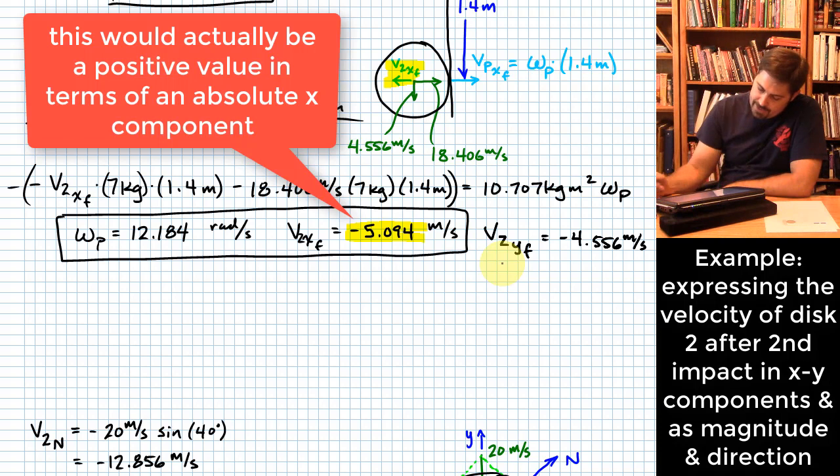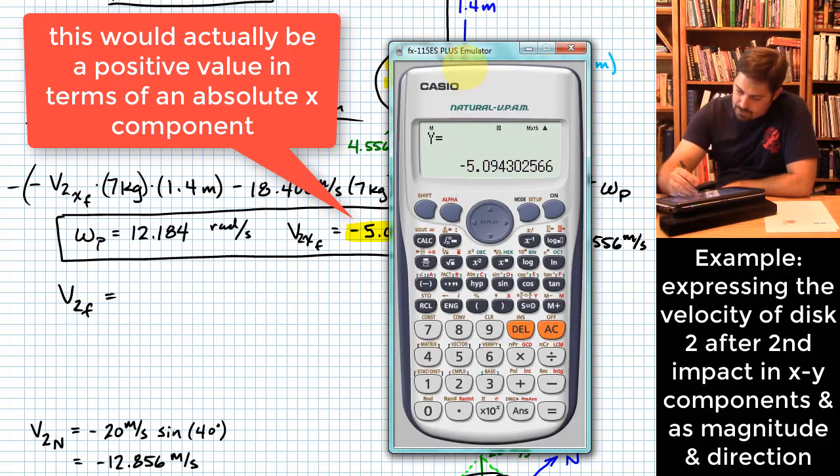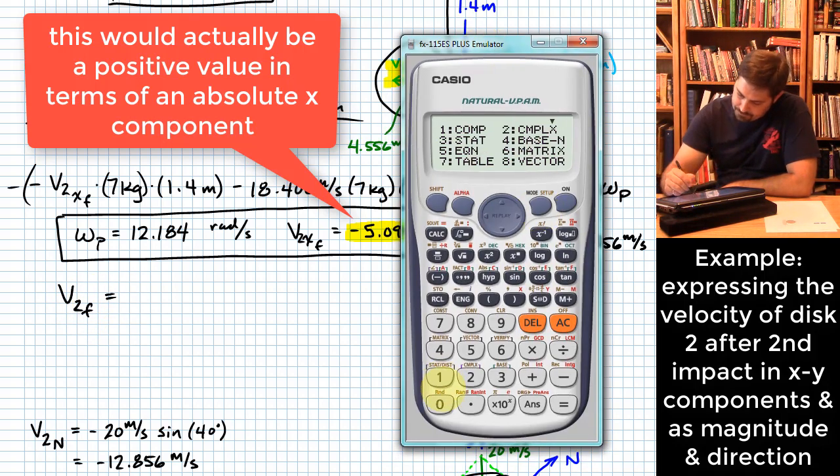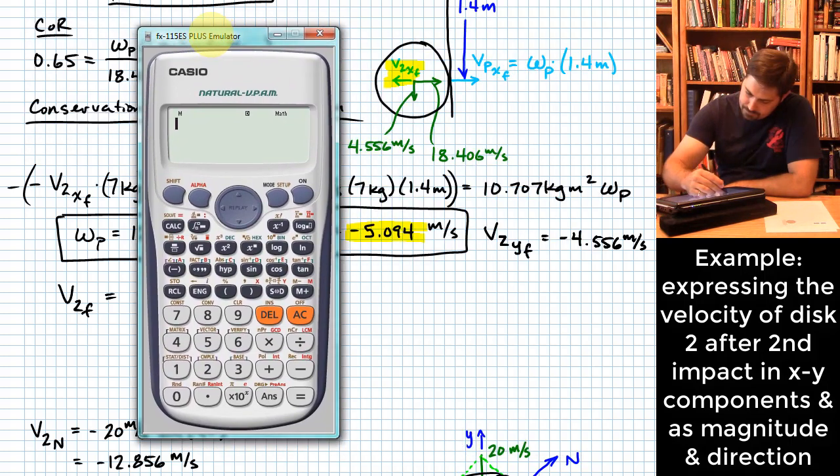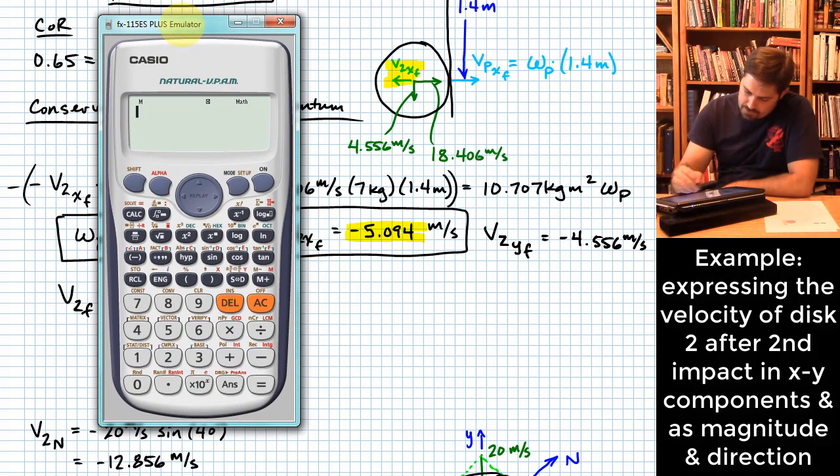If you want to do it as a magnitude, v2f, you just take the square root of the sum of the squares of those. So here we're going to take a square root of negative 5.094 squared.